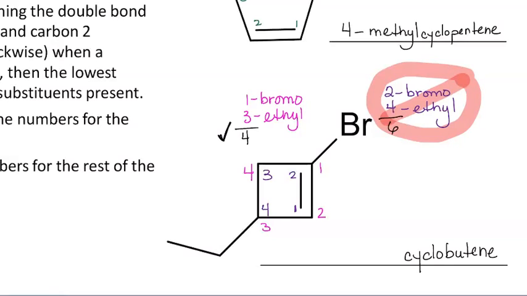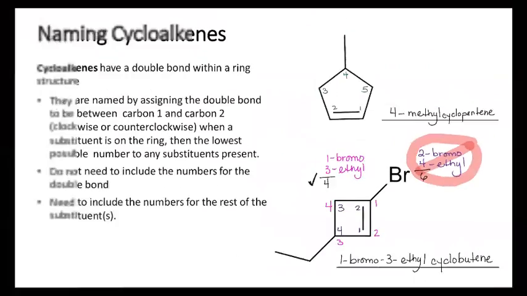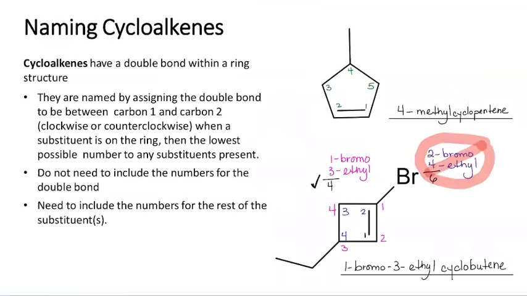Which one comes first? Great, the bromo. Great job with the name in the chat. This is 1 bromo, 3 ethyl, cyclobutene. Okay. Any questions on alkenes or cyclic alkenes?